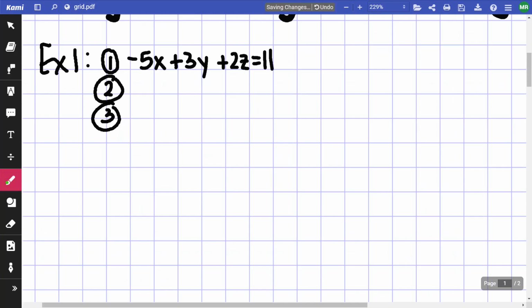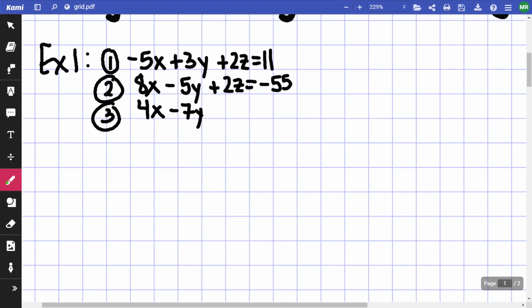And let's say the second one is 8x minus 5y plus 2z is equal to negative 55. And let's say the third one is 4x minus 7y minus 2z is equal to negative 29.